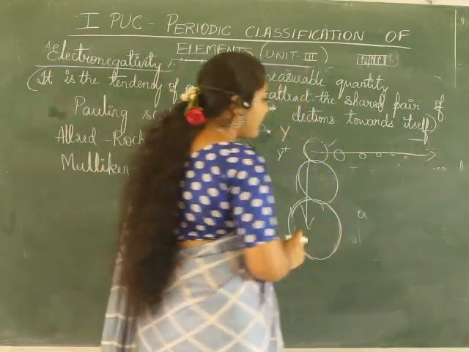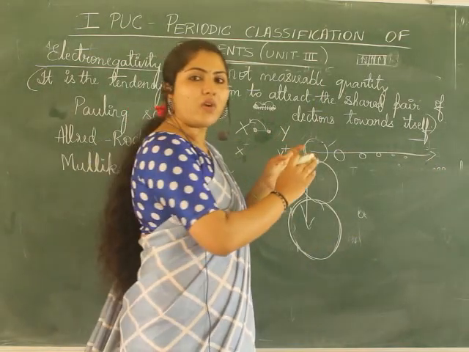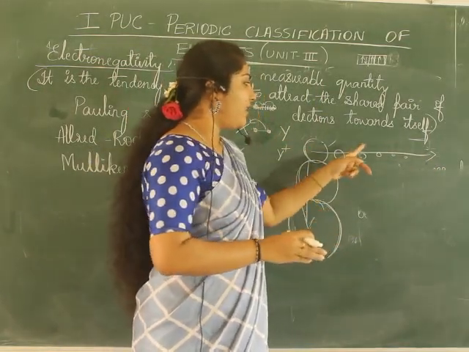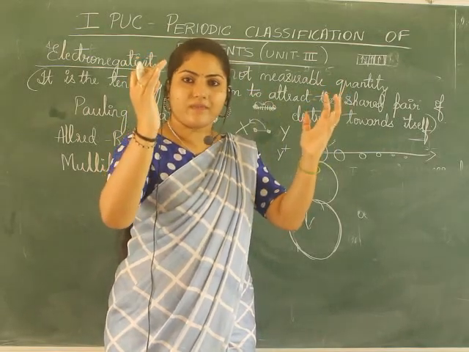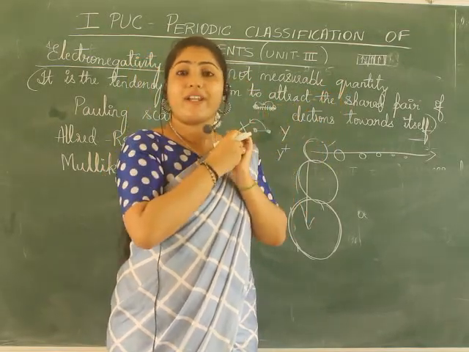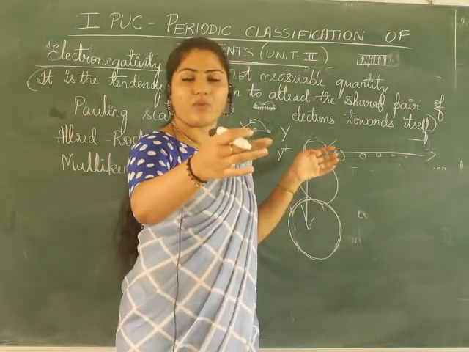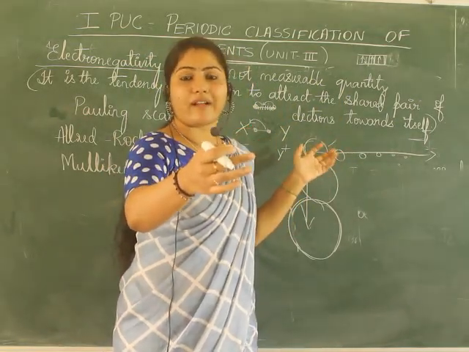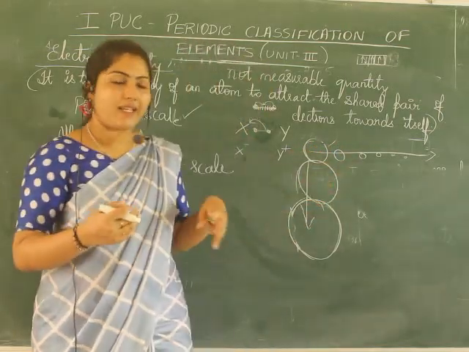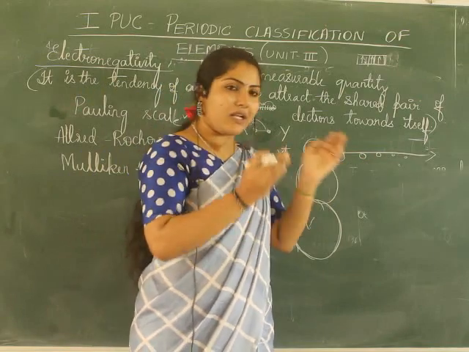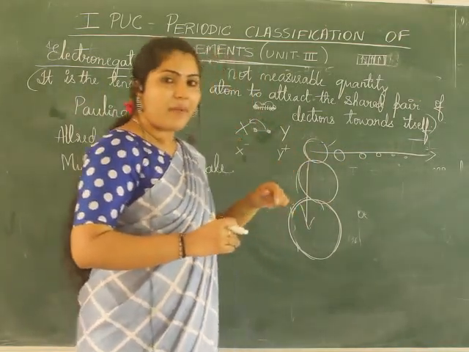Across the period, the size goes on decreasing. If the nucleus is closer to the outermost shell, then it's easy to pull the electron. If the nucleus is far from the outermost shell, it's difficult to attract an electron. So if it has to attract electrons easily, the nucleus must be close to the outermost shell. So across the period, what happens?